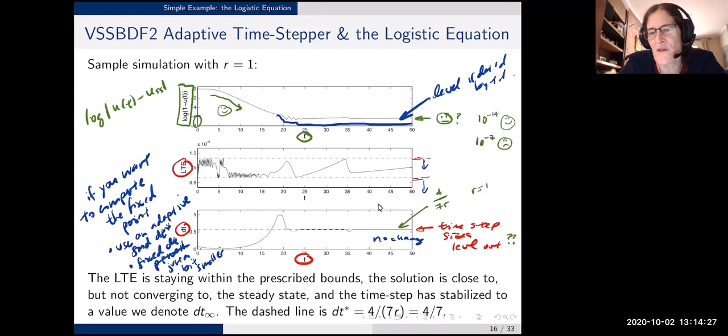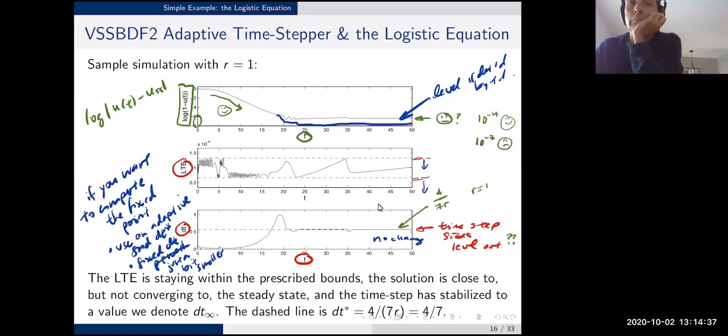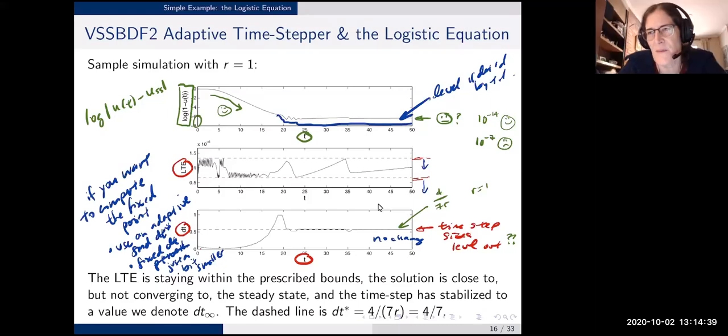So what you can do is use the adaptive time stepper to figure out how small is small enough. And once you have that information, you can use a constant time stepper with a time step that you're confident about is small enough. Okay. So it's sort of like having both of them handy.